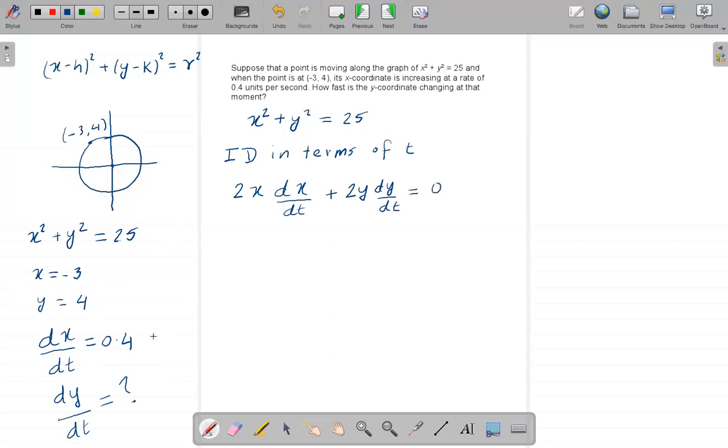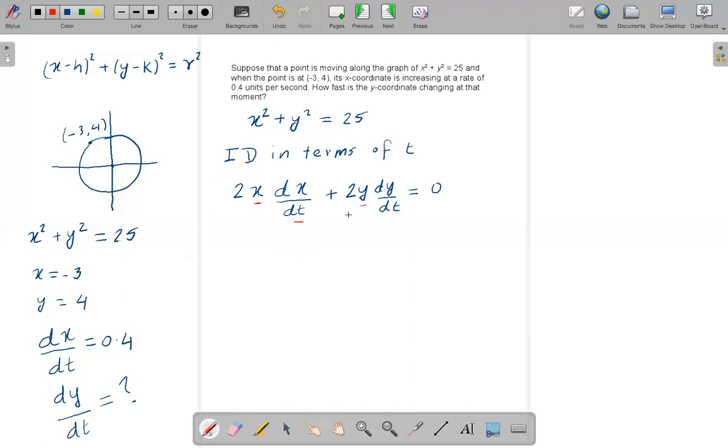All right, so now we know x, we know dx over dt, we know y. We need to find dy over dt.